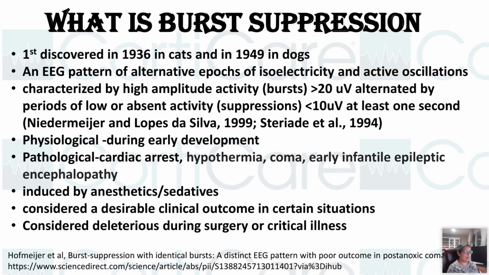This pattern is characterized by high voltage, high amplitude bursts, more than 20 microvolts, going as high as 120, 140 microvolts, alternated by periods of very low activity or complete suppression. The voltage of that activity is about 10 or less microvolts. It has to be there at least for 1 second. I know it's a little confusing. We will talk in detail about it.